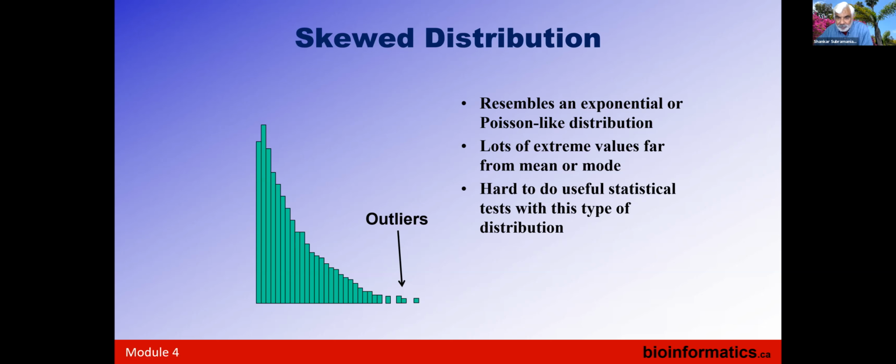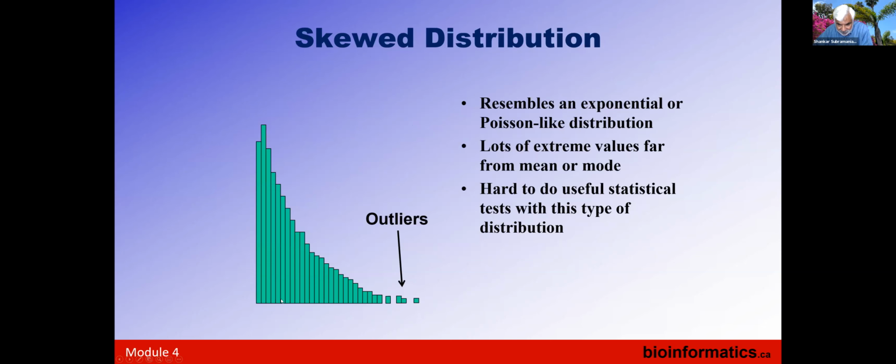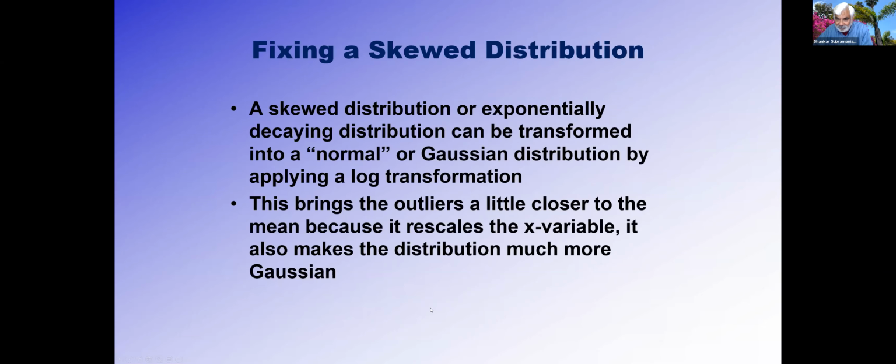So what do you do? To fix a skewed distribution, for example, an exponentially decaying distribution, you can transform it into a normal distribution by applying what is called the log transformation. What log transformation does is bring the outliers a little closer to the mean, because it rescales the x variable, not the y variable, but the x variable.